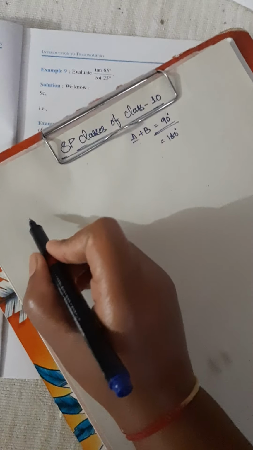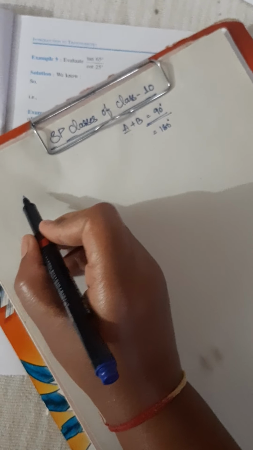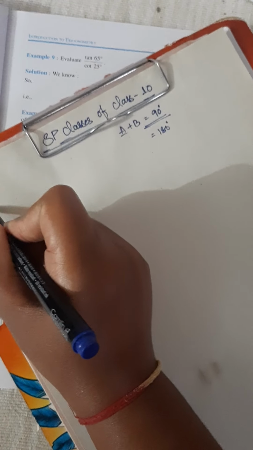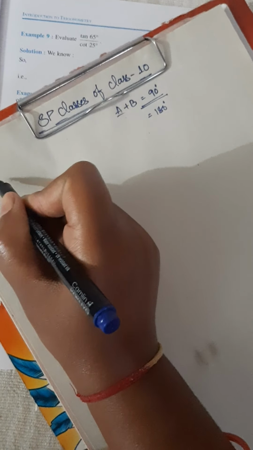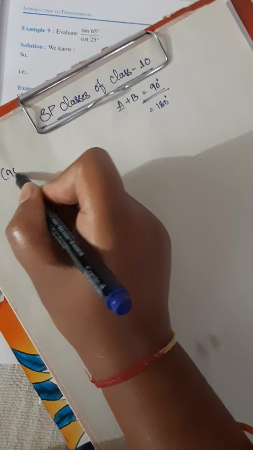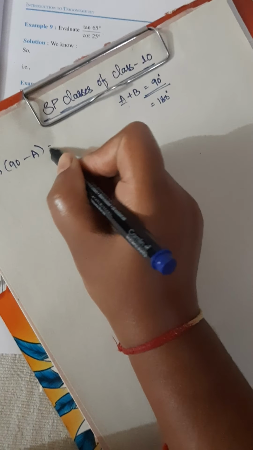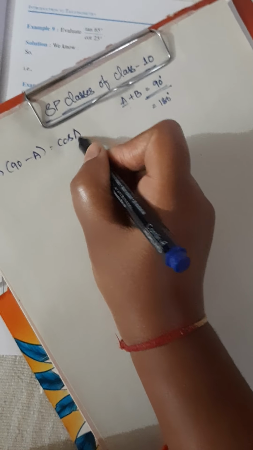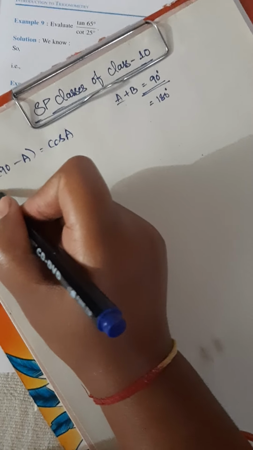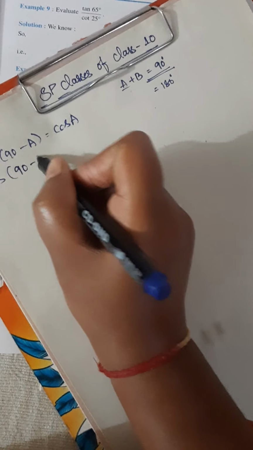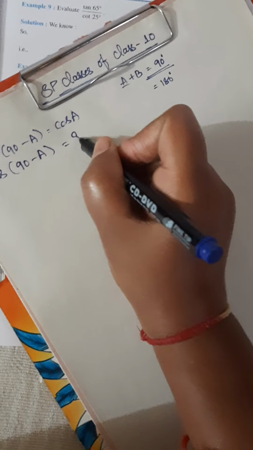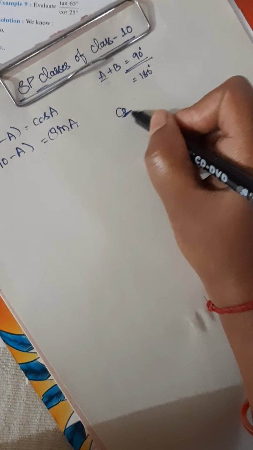Okay. Now, the trigonometric complementary ratios are like this: sine of 90 minus A is equal to cos A. Meanwhile, cos of 90 minus A is equal to sine A. Complementary means we must get the co form in the changing.